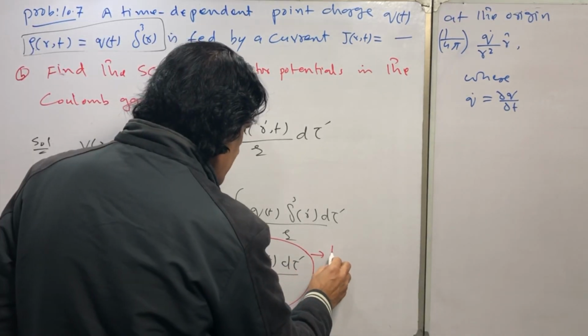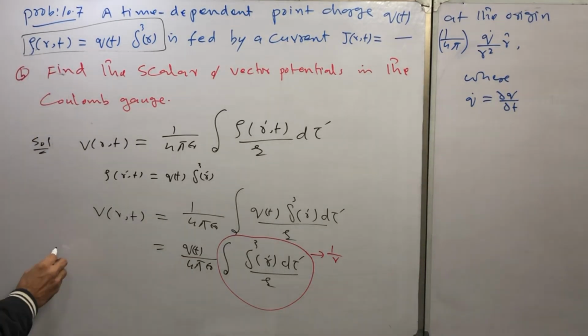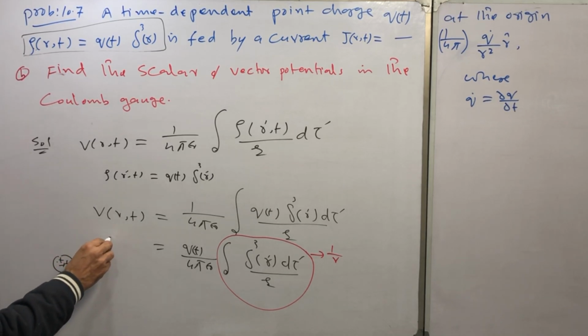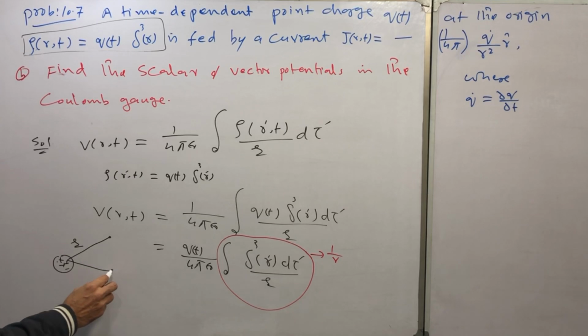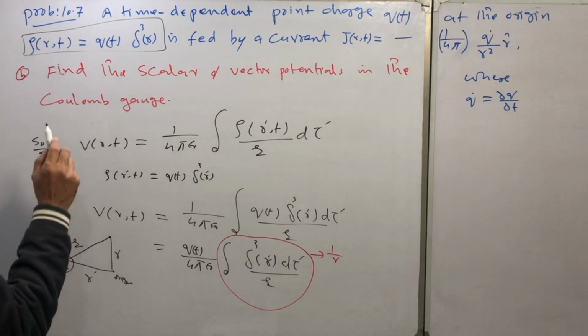This integral is equal to 1 over r, because if we have a source of charge here and we are finding the potential here, so this is the source and this is r, and let's suppose this is the origin, at a distance r, and we are looking from this origin.